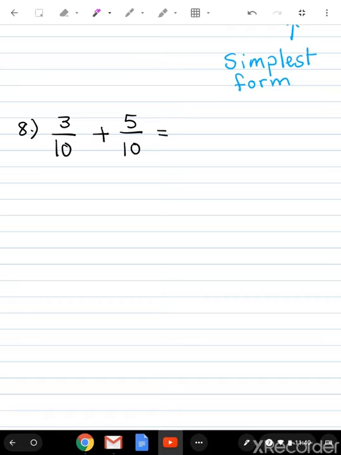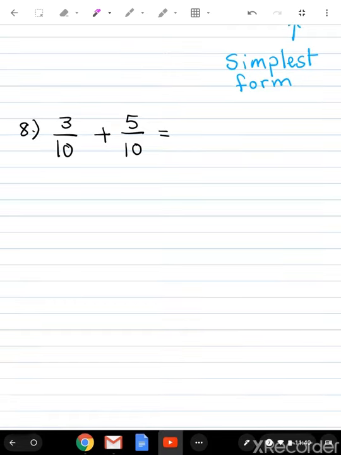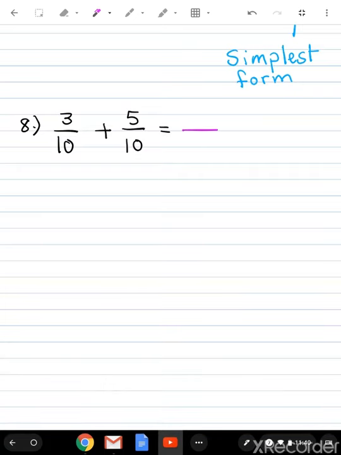We have 3 out of 10 plus 5 out of 10. We have a common denominator, so the denominator will stay the same, it will be 10. Then we will add the 3 plus 5, it will be 8 out of 10. Can I get an equivalent fraction that is in a simpler form? We will check what number we can divide by up and down. 8 and 10 I can divide up and down by 2.